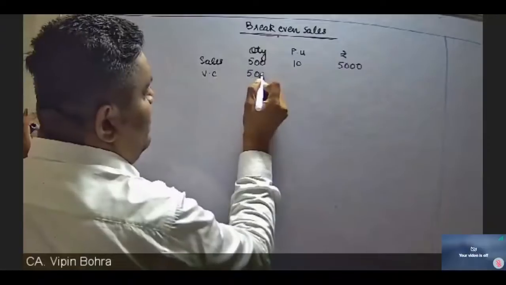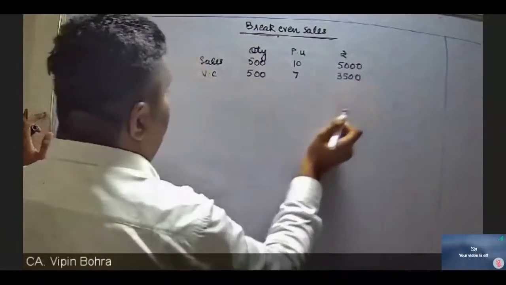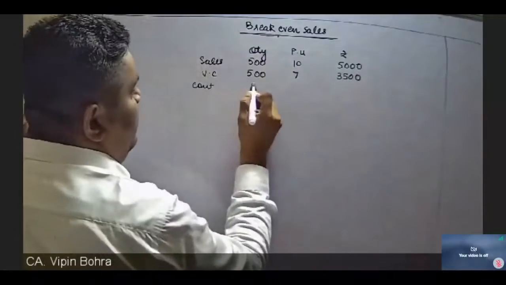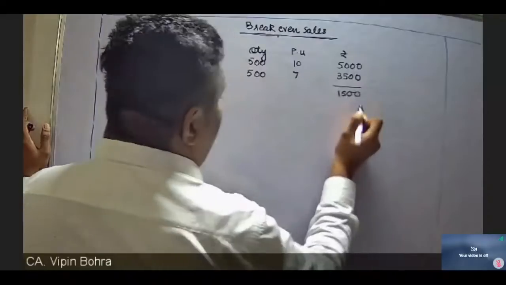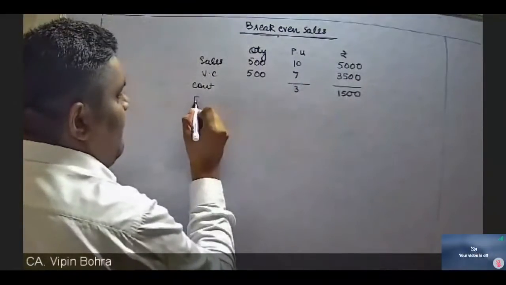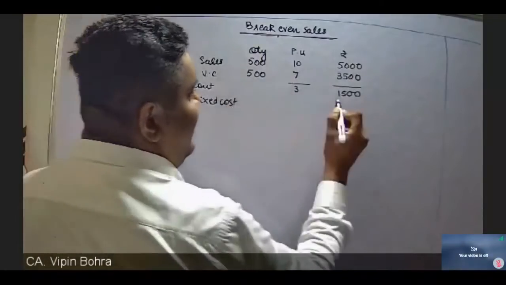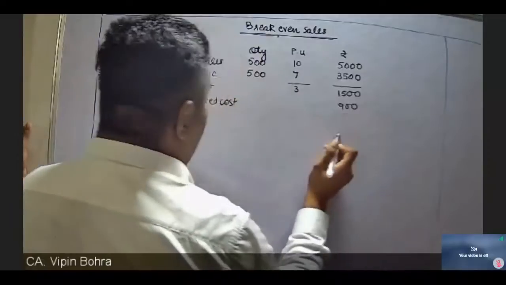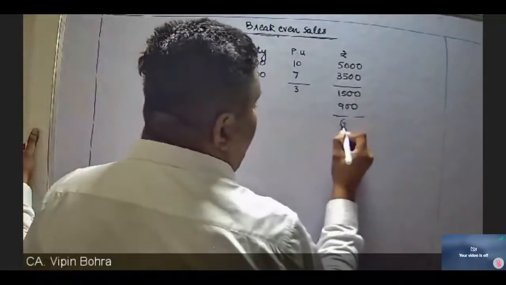Variable cost 500 into 7, 3,500. My contribution will be what? 1,500. My contribution per unit is 3. My fixed cost, let's say 900. Therefore, my profit will be 600.